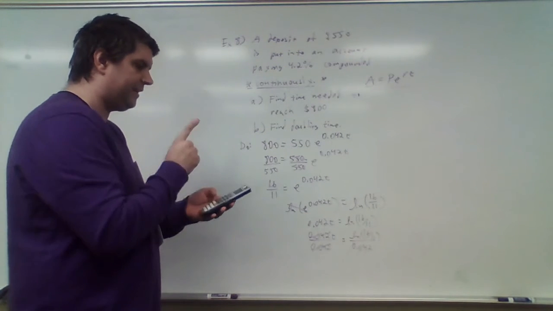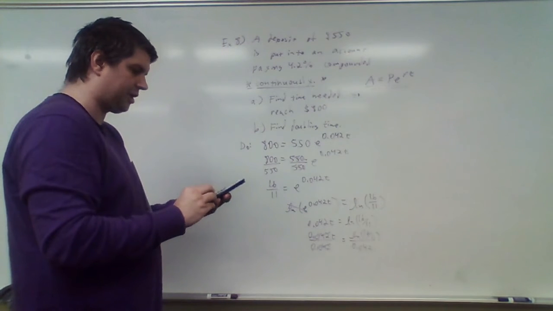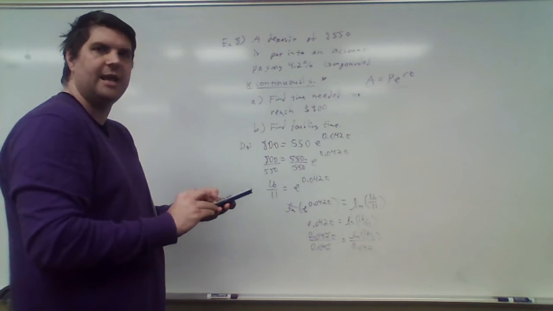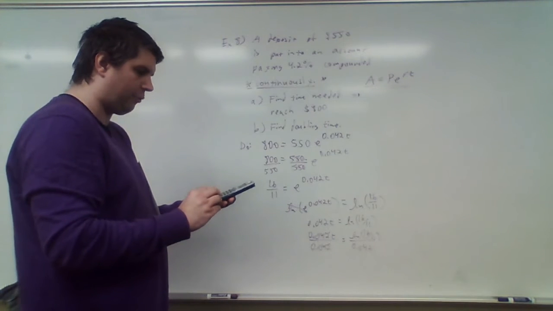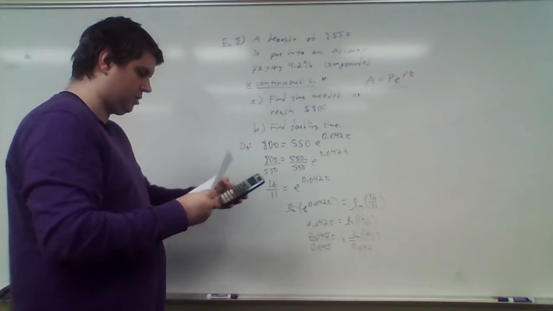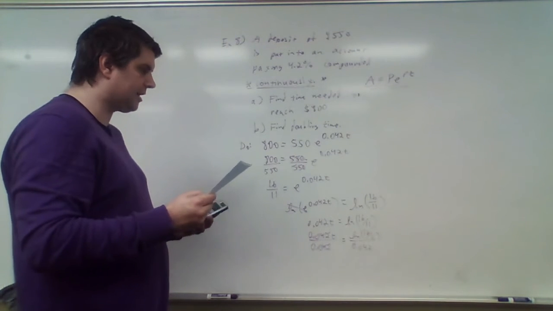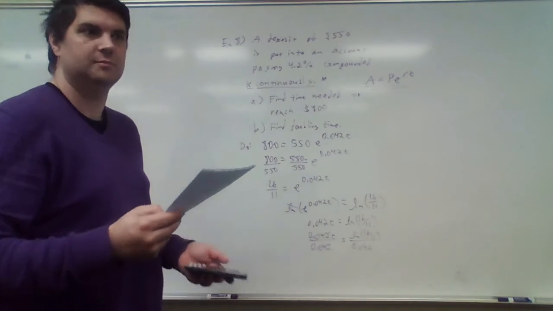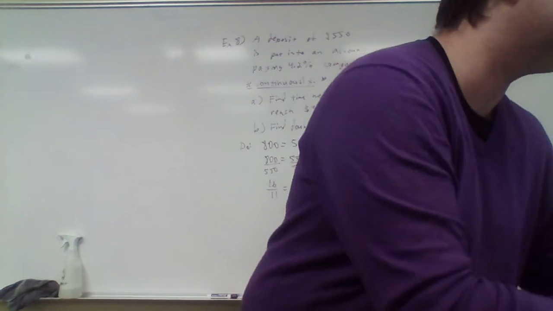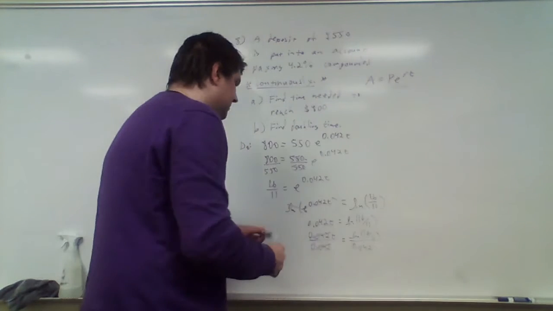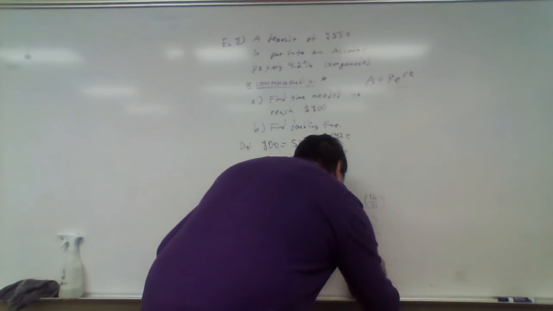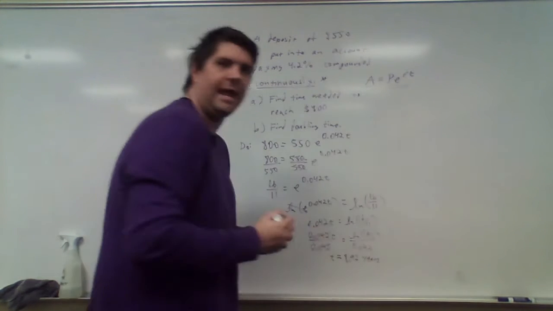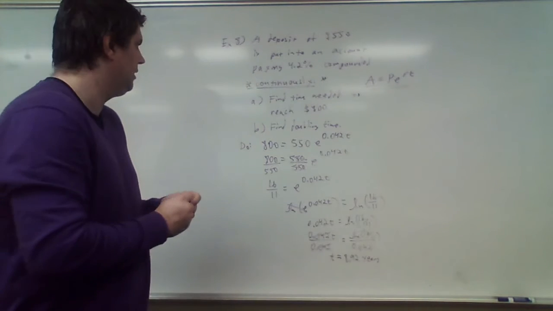Make sure, if it isn't already in parentheses, that your calculator puts it in parentheses. Hit equal. Then divide by 0.042. You should have gotten approximately 8.92 years. Okay? So approximately 8.92 years. So that's A.